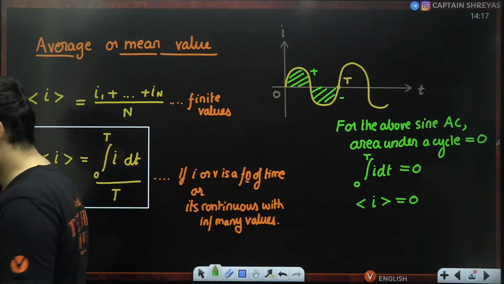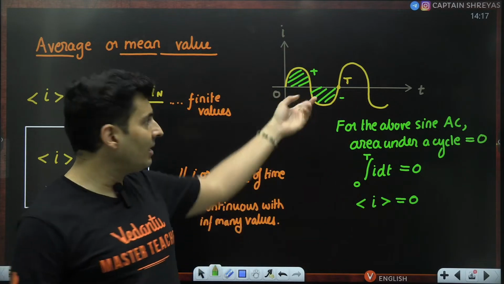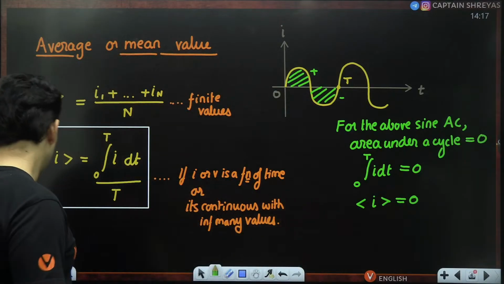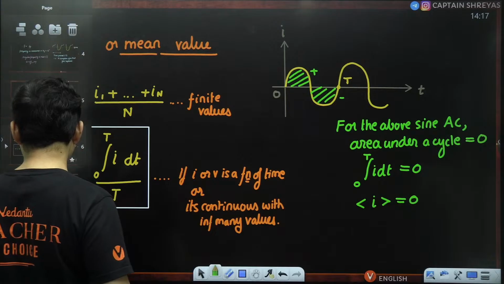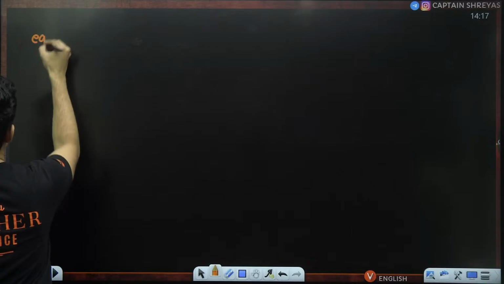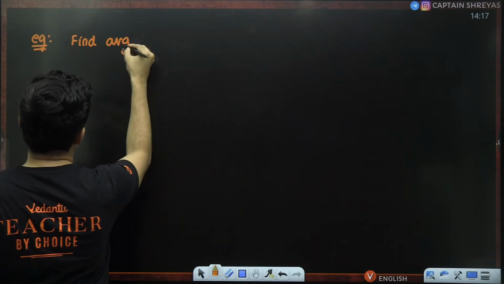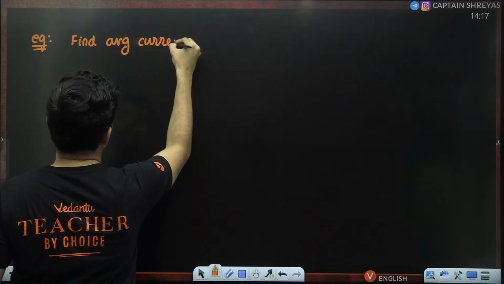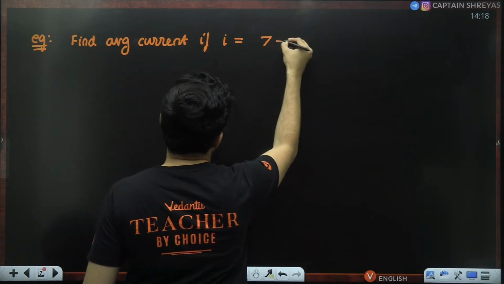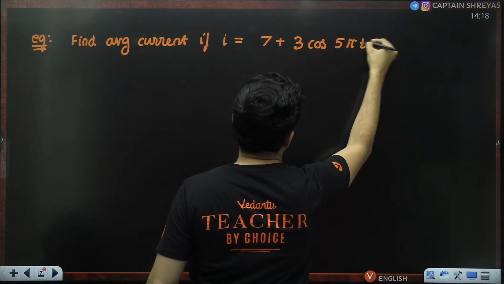Cool. Yeah, it will always be zero only for typical sine graphs. But if the area is not zero, then it will not be. For example, imagine I ask you, can you find the average current if the instantaneous current is 7 plus 3 cos 5 pi t?